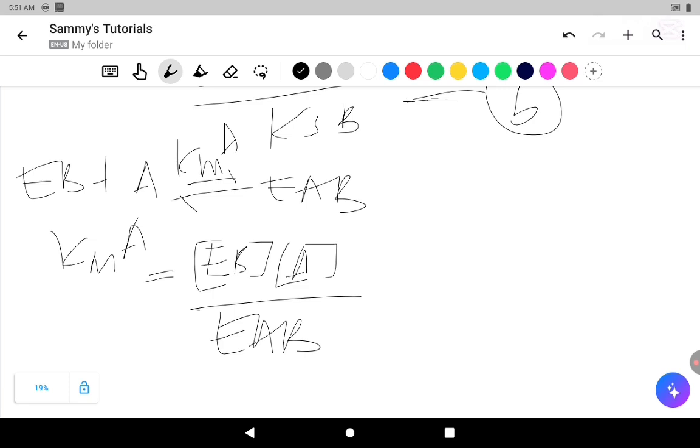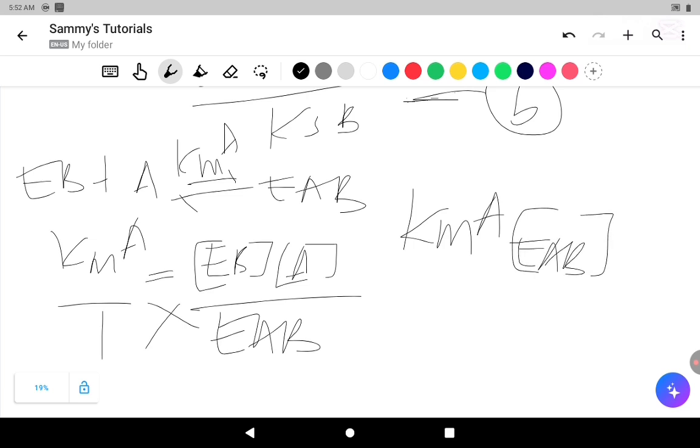Are you following? Now you want to make this the subject of formula. You do the same, cross multiply. You have KMA into EAB.